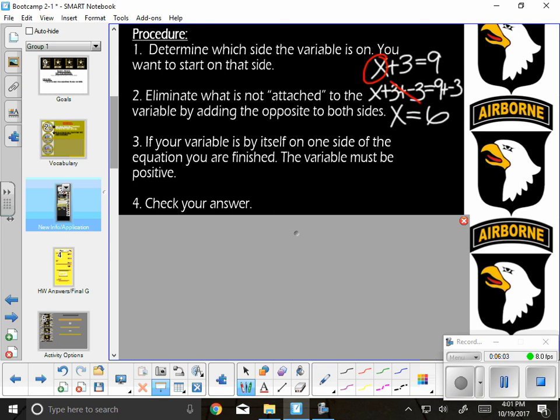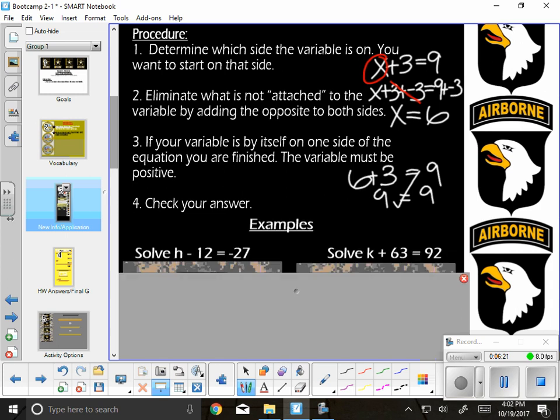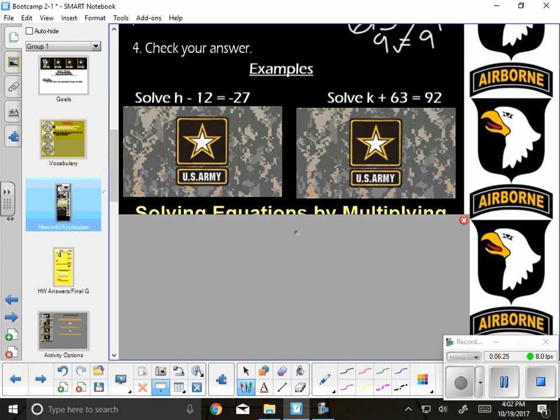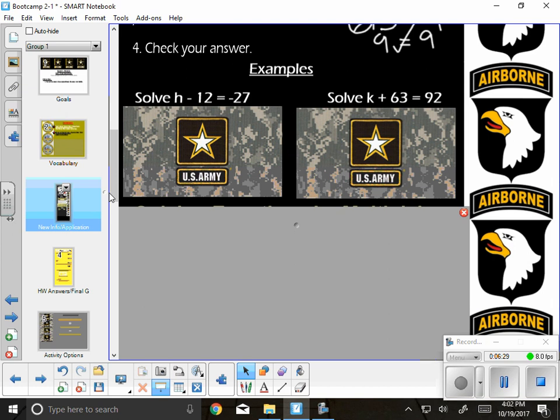With our previous one, we have x equals 6, so we can do 6 plus 3 equals 9. 6 plus 3 is 9, and 9 does equal 9. So check it right off. You have solved that equation. Now we're going to go through a few examples. The first example that we have here is h minus 12 equals negative 27.